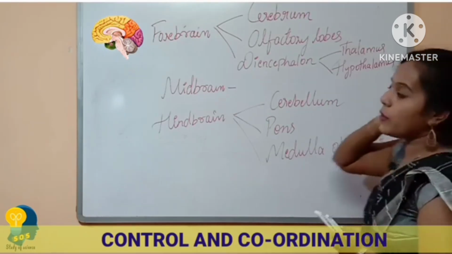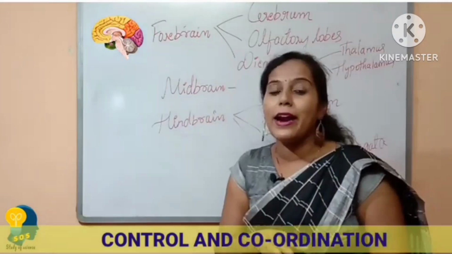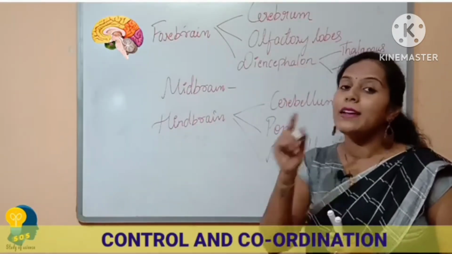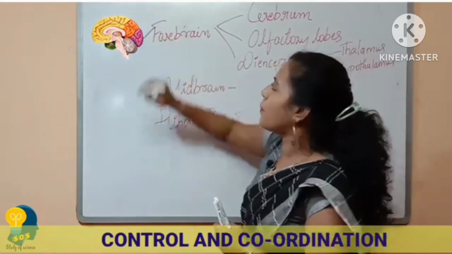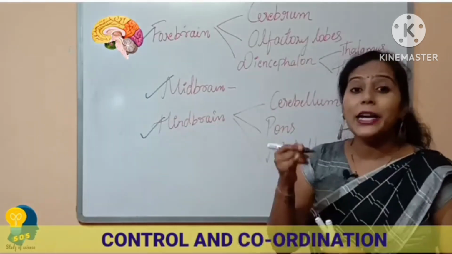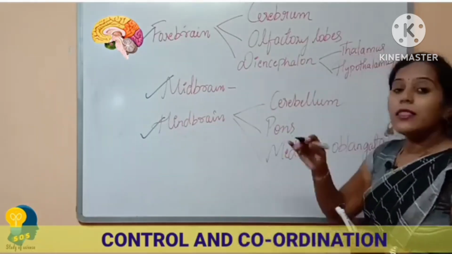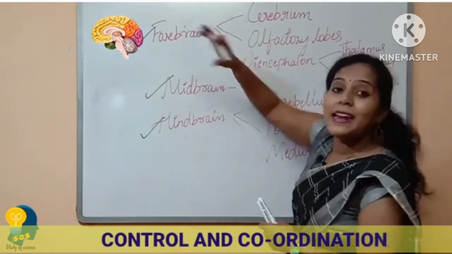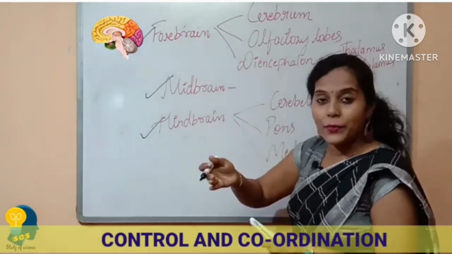Okay. So as I told you, the whole brain is classified into 3 parts. The first one is the forebrain, second one is the midbrain, and third one is the hindbrain. Then the 3 parts are again further classified.